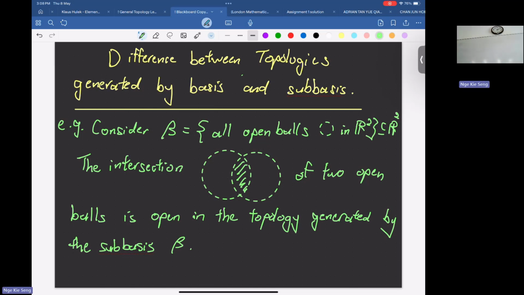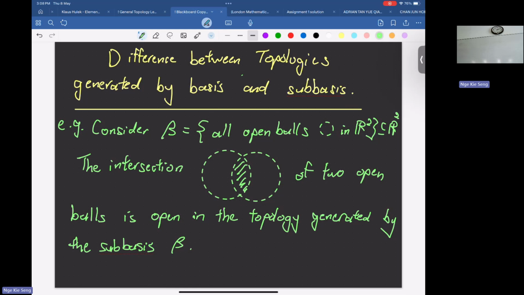For example, I'll give you an example. Last time we talked about rectangles, right? Open rectangles also generate the Euclidean topology. Let's say we generate a subbasis using open rectangles. Is it the same topology as that generated by the basis or not?